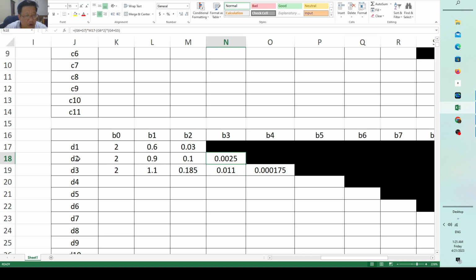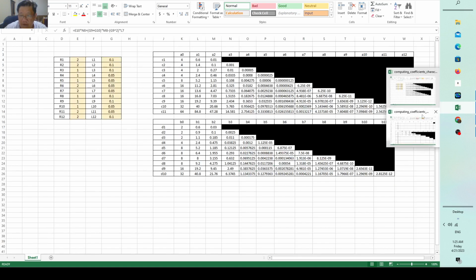This one for d sub 2, you cannot use for d sub 3. If you want to find these four, you can make a copy here and use this as a starting point, then move row and columns by one position based on the formula here. We're going to do that later because I already did this file for you.